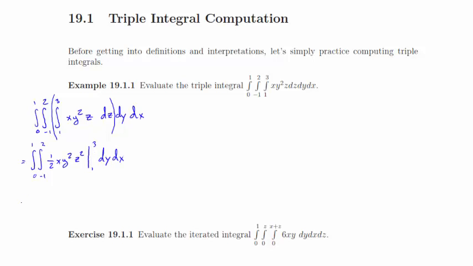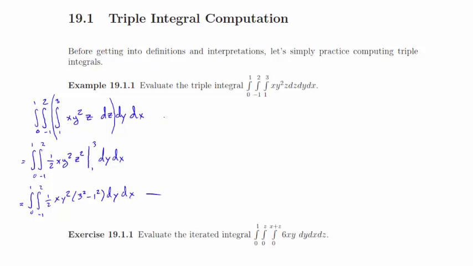Copy down the dy dx, then this equals the integral from 0 to 1 in the x direction, the integral from -1 to 2 in the y direction. When I plug in 3 squared, I get 9 minus 1 squared. Keep in mind that 1/2 x y squared is all considered a constant, so this is 1/2 x y squared times 3 squared minus 1 squared inside parentheses, dy dx.